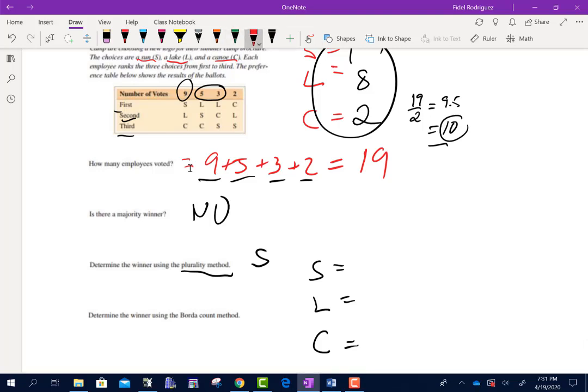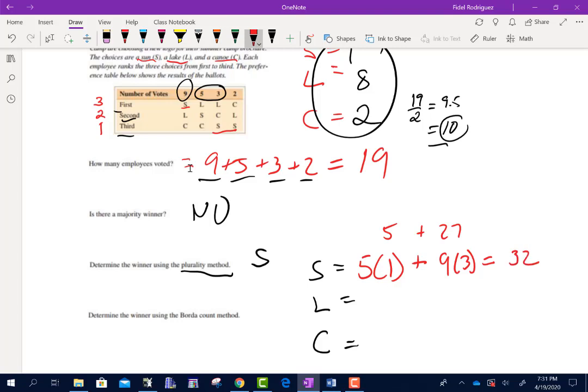So third place is going to get 1 point, second place is going to get 2, first place is going to get 3. So sun had 5 third place votes, which are each worth 1 point. They had no second place votes, and they had 9 first place votes. So that's 5, that's 27, 32 points.